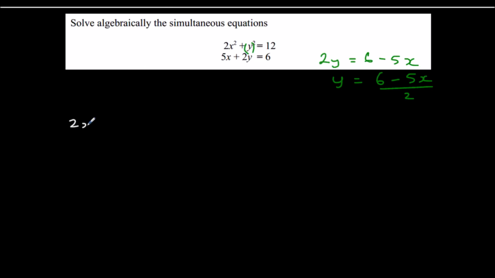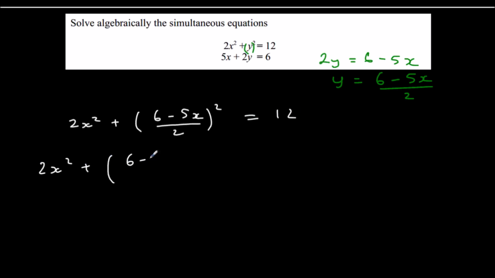So I've got 2x squared plus ((6 minus 5x) over 2) squared equals 12. So 2x squared plus (6 minus 5x) over 2 times (6 minus 5x) over 2 equals 12.